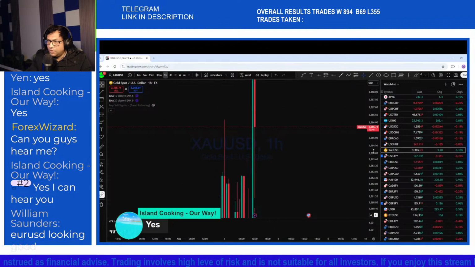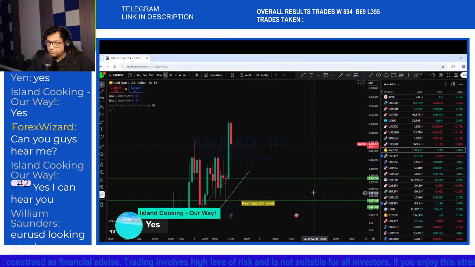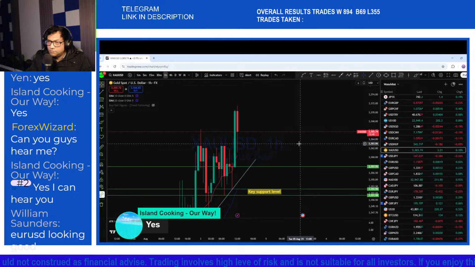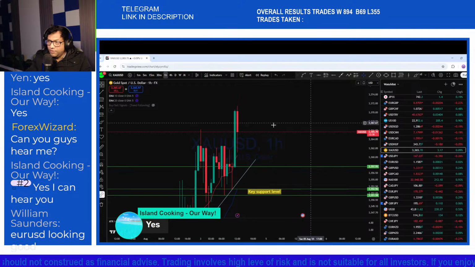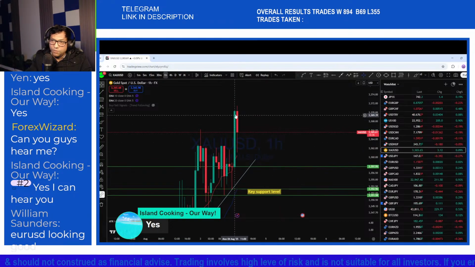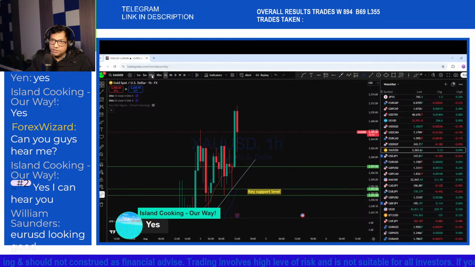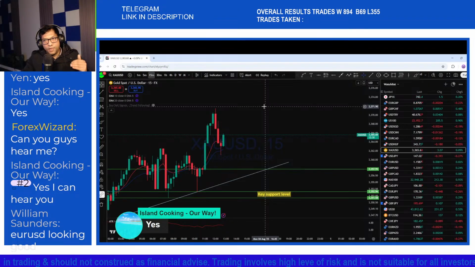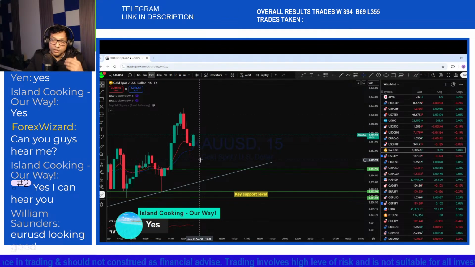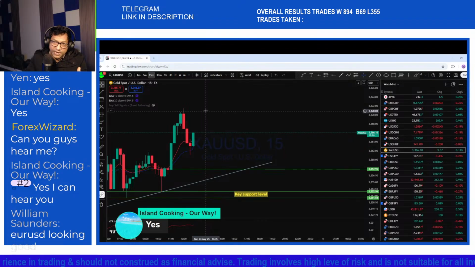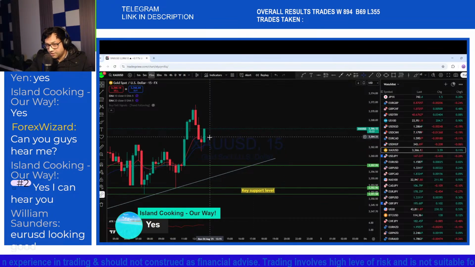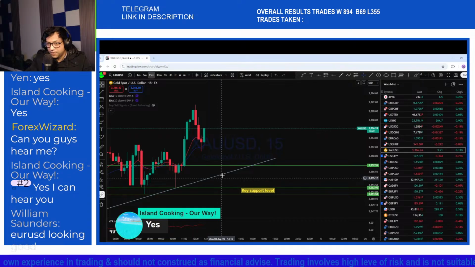And from the 1 hour, before the hourly close, we might see another retest. The price may try to bounce again to this resistance. What I think is that the market may again break below here.